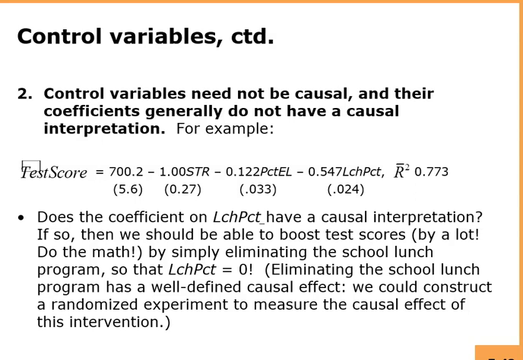But you can try to basically form a policy around that, but that policy will pretty much be wrong, because you will be advocating for eradicating the school lunch program by saying that eradicating the school lunch program will be better for the test scores of students, when this school lunch program is actually correlated with the error term, in the sense that it is correlated with the part of the error term which shows the affluence of the household, and that's why this does not have a causal interpretation.